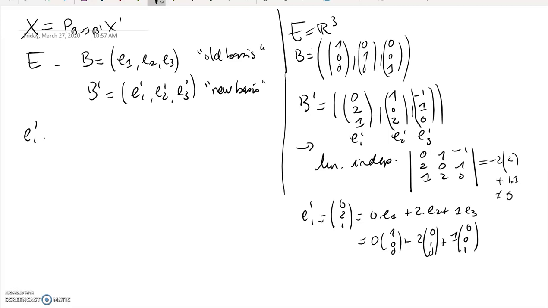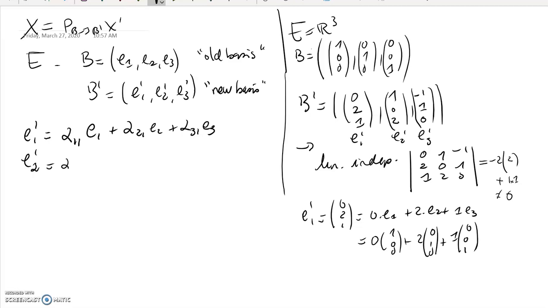E1 prime will be given as a linear combination of the vectors of B. According to the notations I've used, E1 prime is alpha 1,1 E1 plus alpha 2,1 E2 plus alpha 3,1 E3. Same thing for the other two vectors.